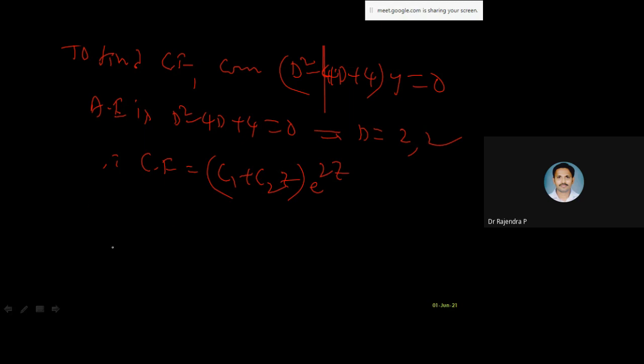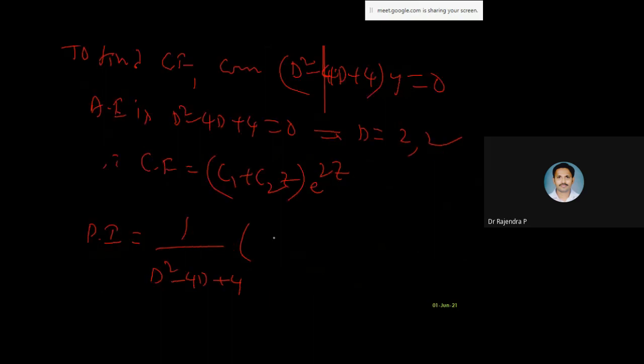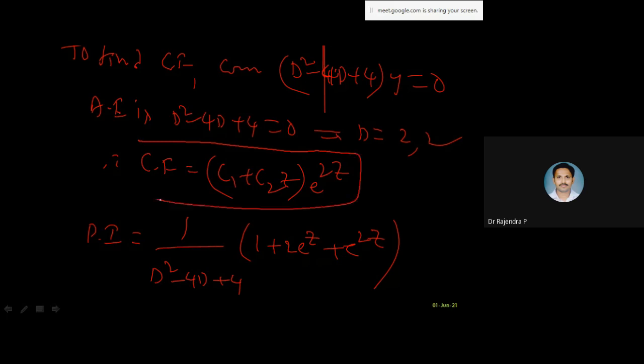We got the complementary function same as the previous problem. So then we'll go for the particular integral. PI is equal to 1 by f(D), that is, 1 by D square minus 4D plus 4, into our function, 1 plus 2 e power z plus e power 2z. Right? Are you following me? This is already the same as your previous problem.